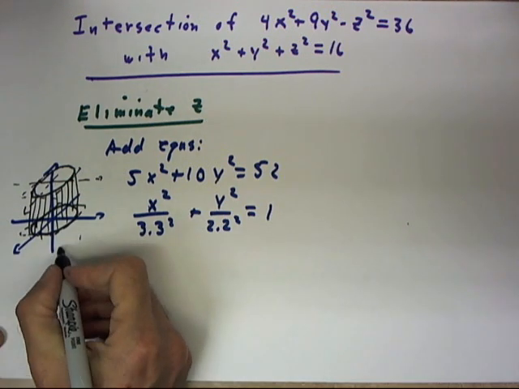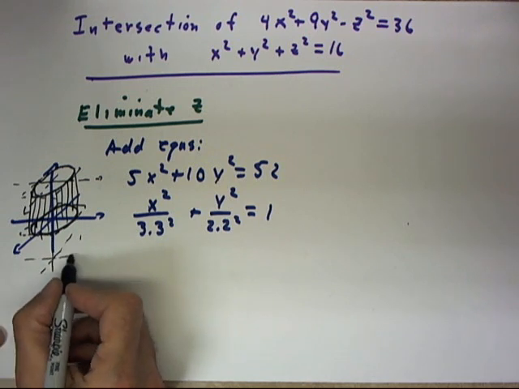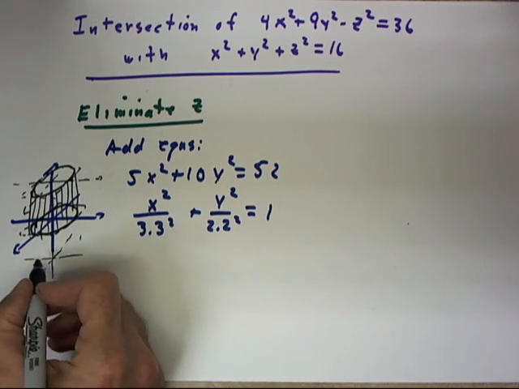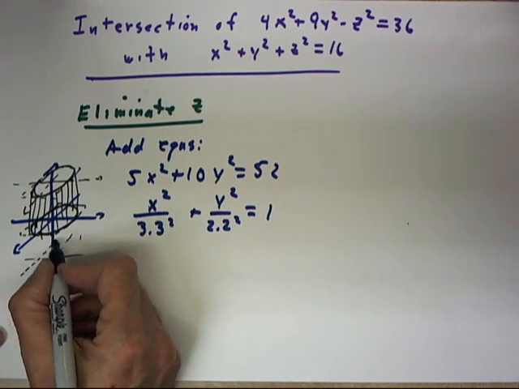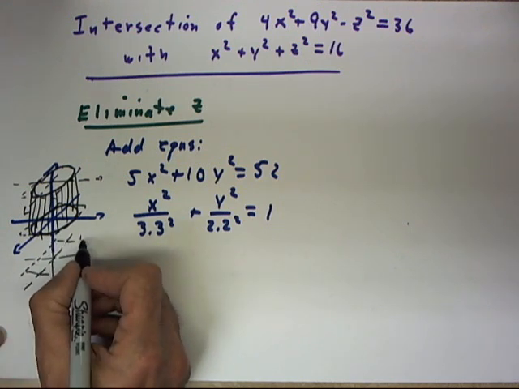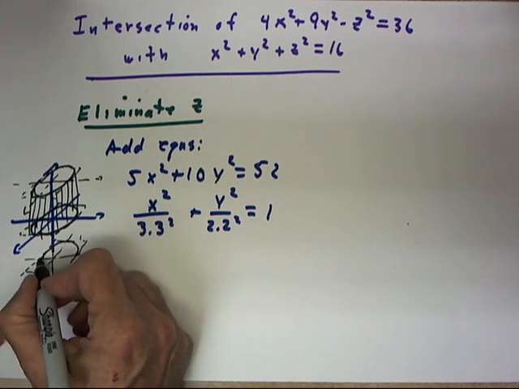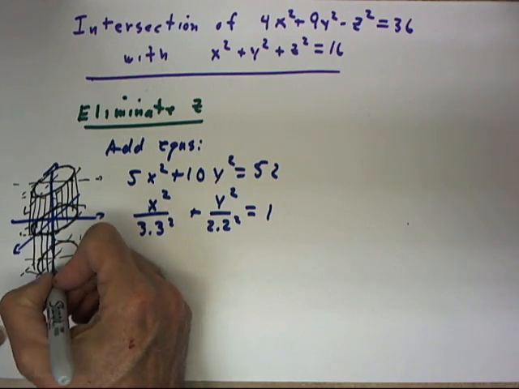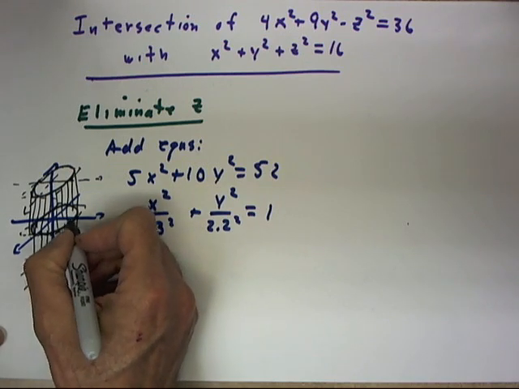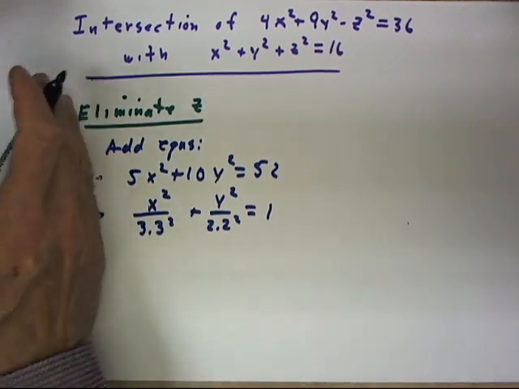I should probably come down here and attempt to draw it below the axis just for completeness. Now we could make this picture a little better by dotting the lines behind here, but you get the idea of this elliptic cylinder.